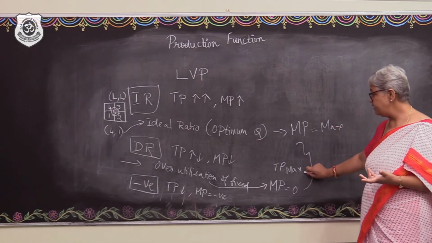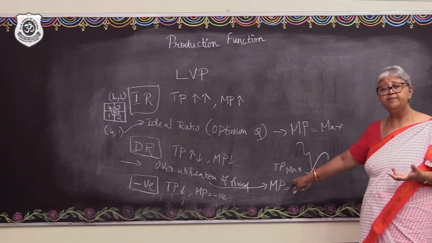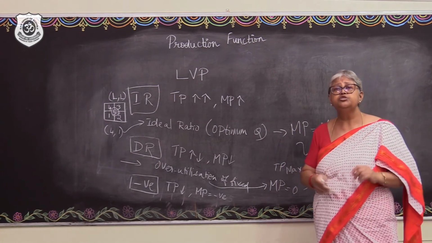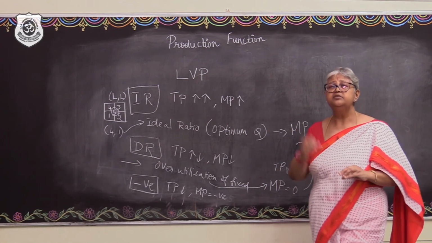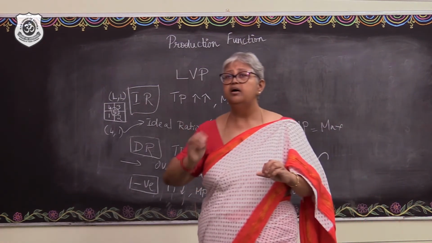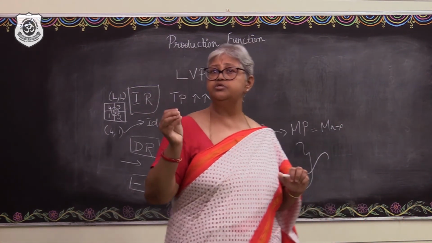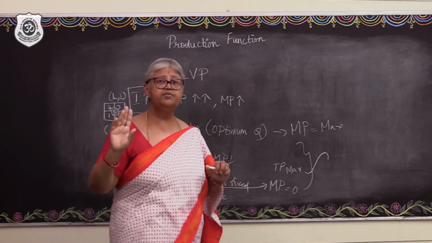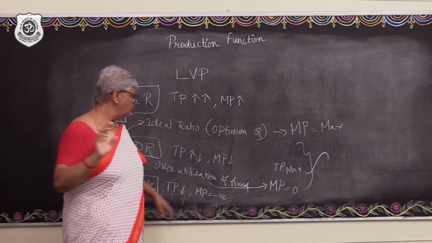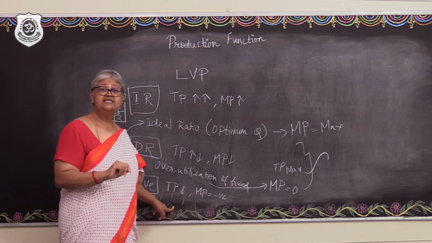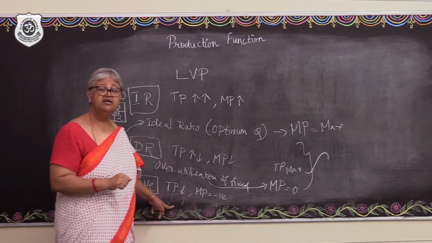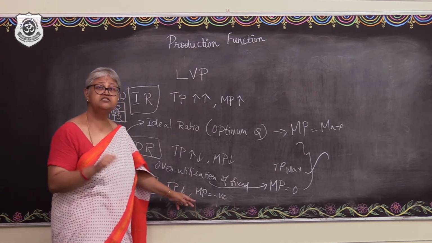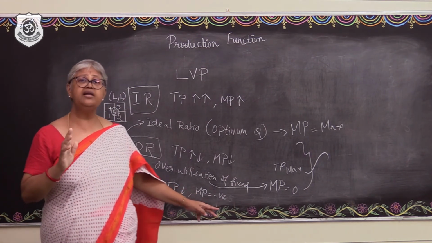So this is where the producer would stop the production, or rather stop employing more variable inputs. Once more, no rational producer will be willing to move on to the third phase, the negative returns phase. Why? For the obvious reason that the total product is falling, the total output is falling.